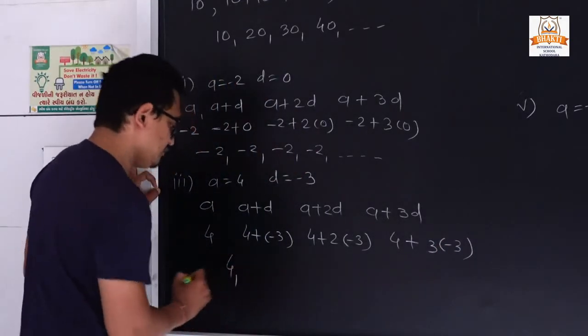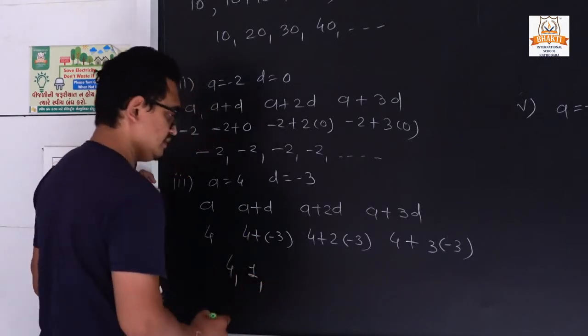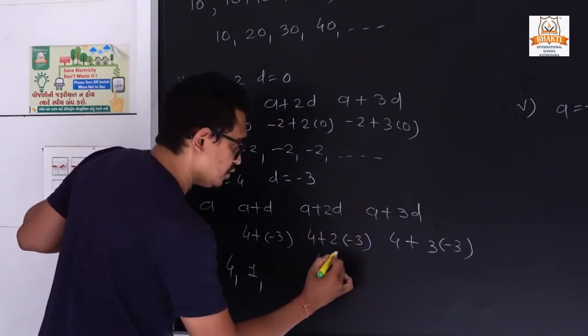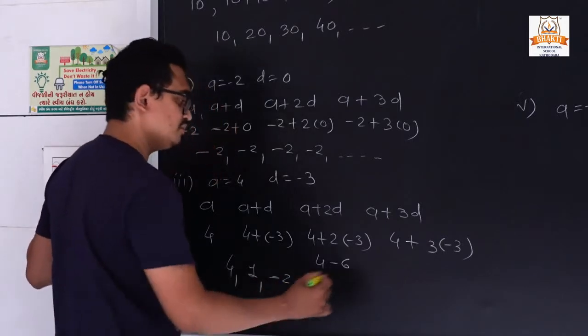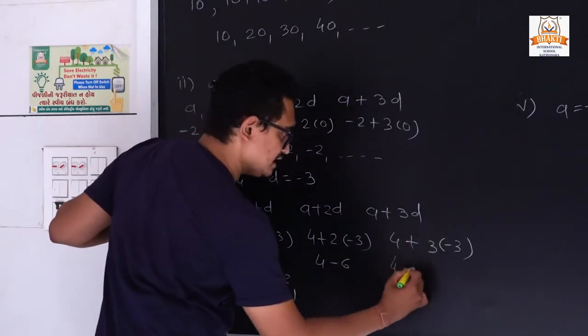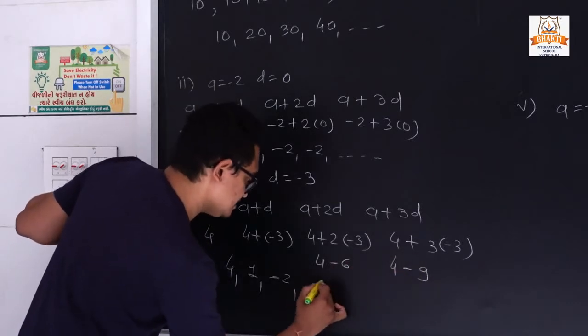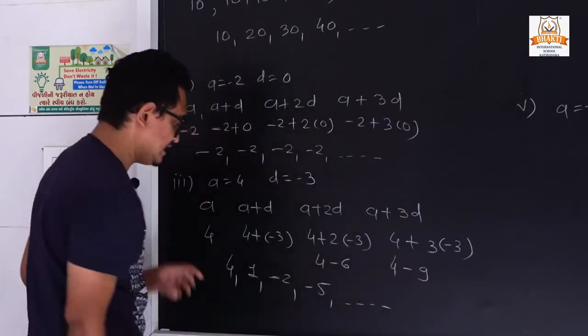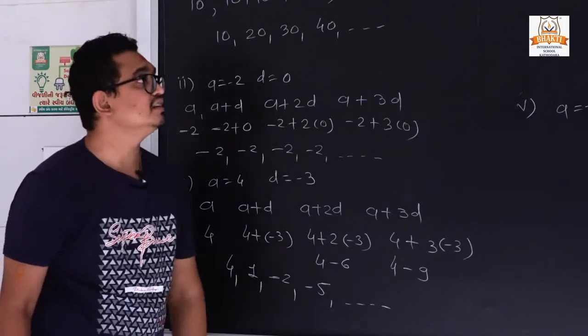So first term is 4, then 4 plus minus minus, 2 threes are 6, so 4 minus 6 is minus 2, then 4 plus minus 3 threes are 9, so 4 minus 9 is minus 5. So the series is like that: 4, 1, minus 2, minus 5, and so on.